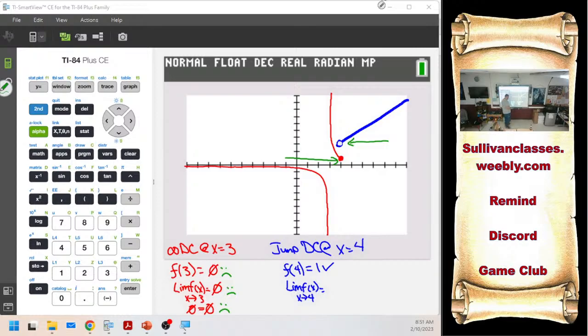So, limit does not exist. And 1 does not equal empty set. So it fails this guy and fails this guy. Again, this stuff down here is what I need to see on your paper. Couldn't you do every bit of that just in your calculator? Okay.